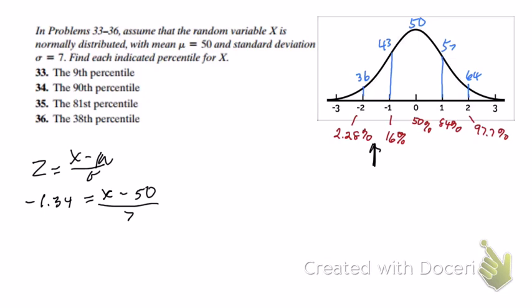I can solve for the 4th just with algebra 1. So I multiply both sides by 7. I'm getting negative 1.34 times 7 equals negative 9.38 equals x minus 50. I add 50 to both sides. I'm getting 40.62.